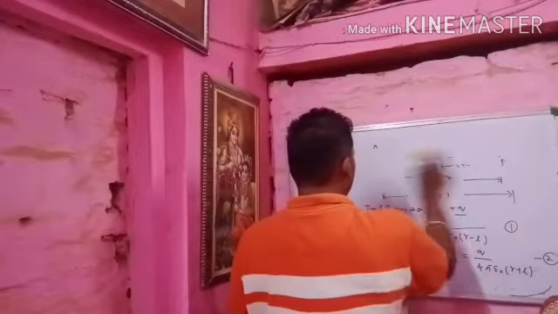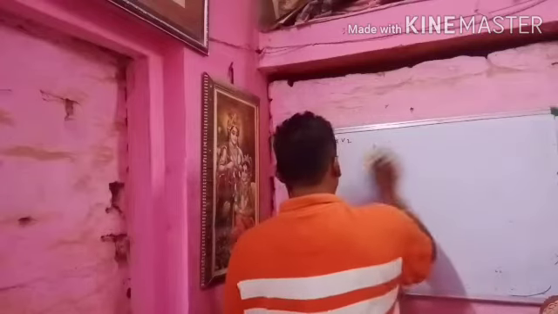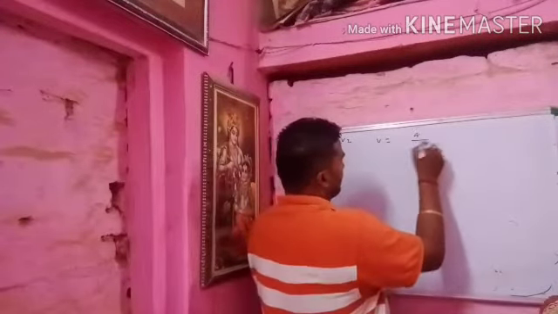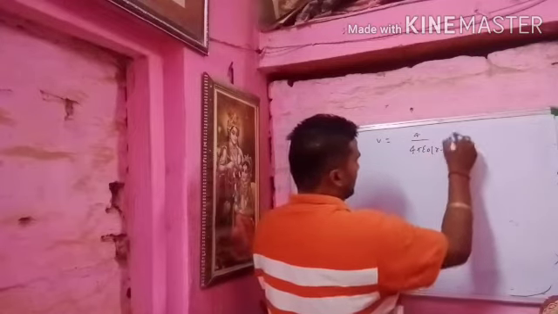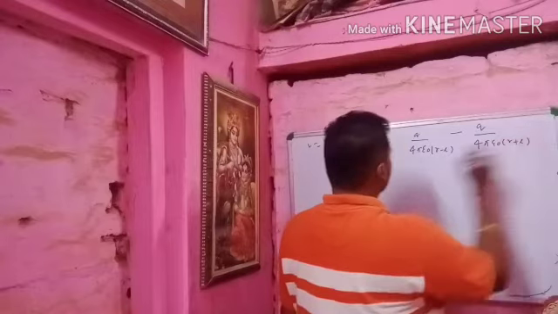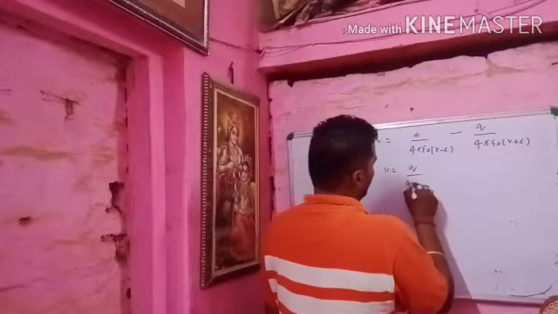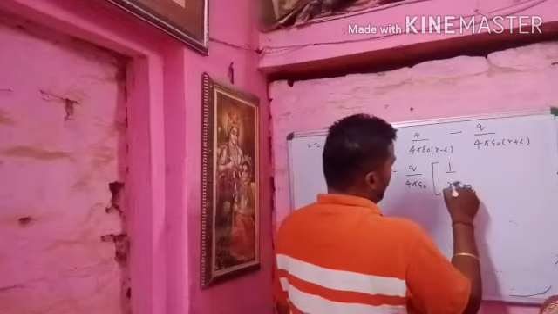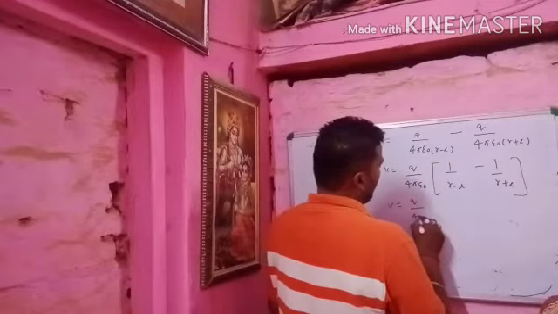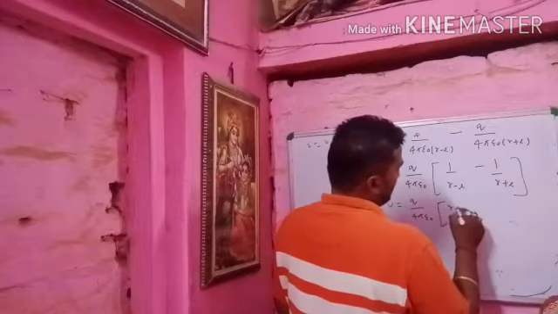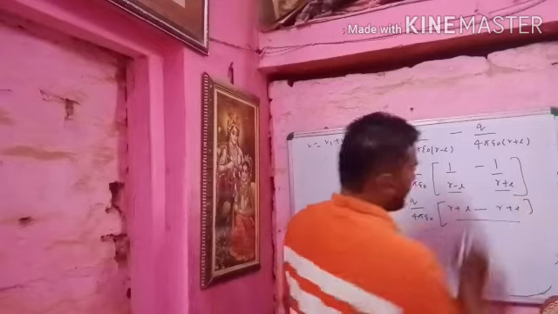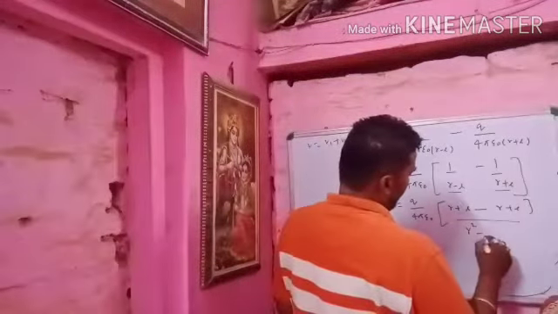We know the values of V1 and V2: V1 is equal to q upon 4 pi epsilon naught into R minus L, and V2 is minus q upon 4 pi epsilon naught into R plus L. Therefore, the total potential V is equal to q upon 4 pi epsilon naught times 1 upon R minus L minus 1 upon R plus L. Taking the LCM of R minus L and R plus L, the denominator is R square minus L square.